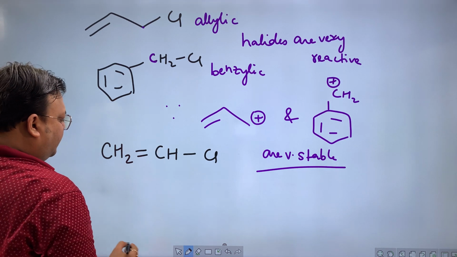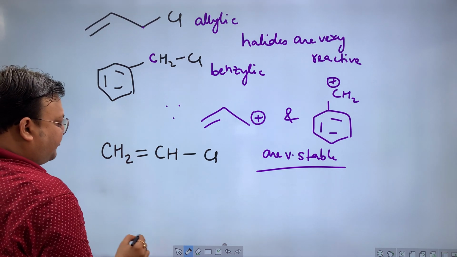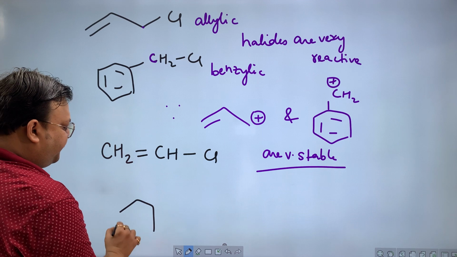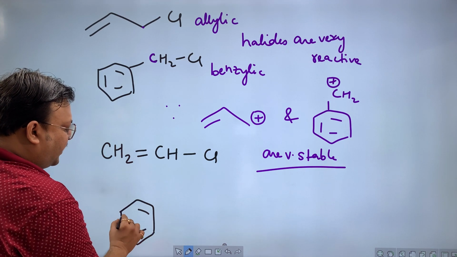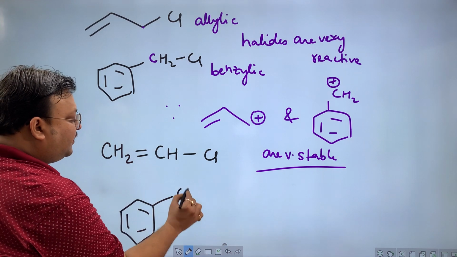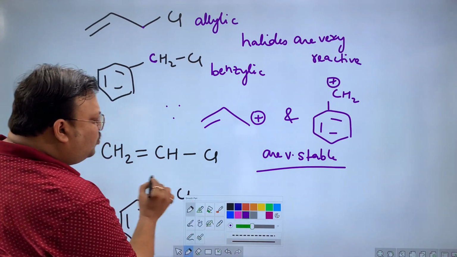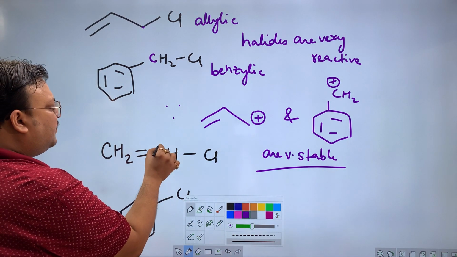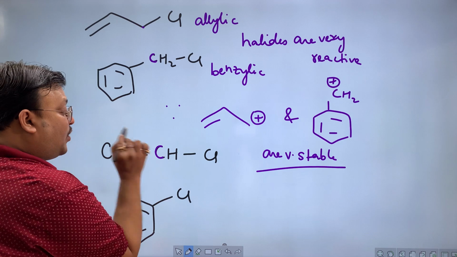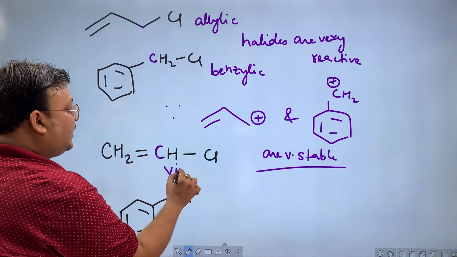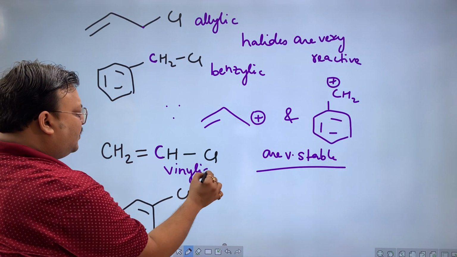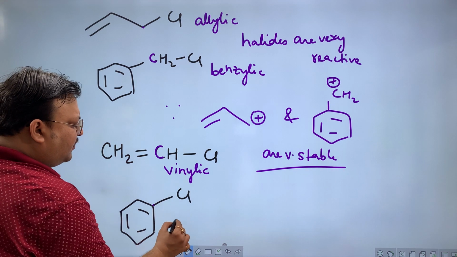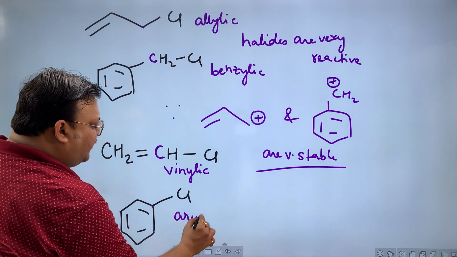Similarly, if it's attached directly to the ring, then it's called aryl. So two more names. The double bond carbon makes it a vinylic halide, and if attached directly to the ring, this will be called an aryl halide.